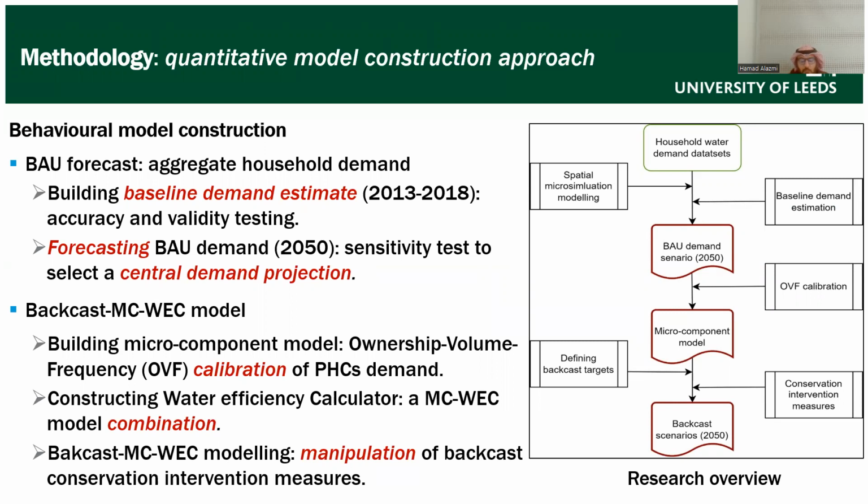Then the current situation forecast has been built, where sensitivity analysis has been applied, and the central demand projection is selected, after which the backcast micro-component water efficiency calculator model has been developed through first building the macro model and its elements, which are ownership, volume, and frequency, known as RVF elements.